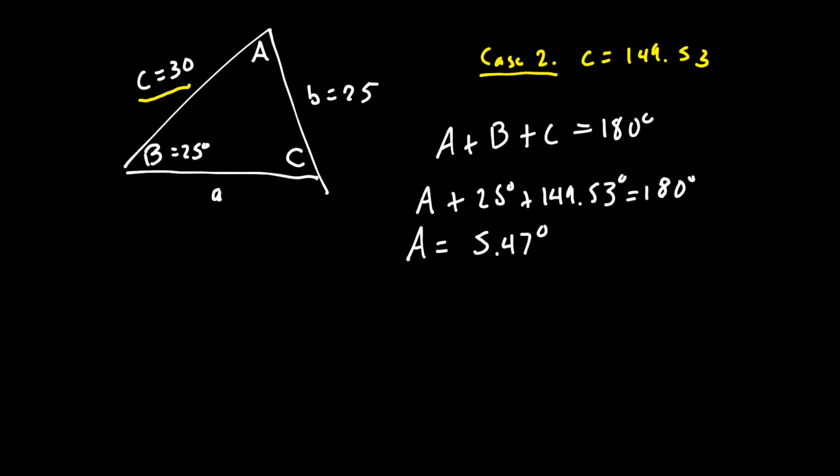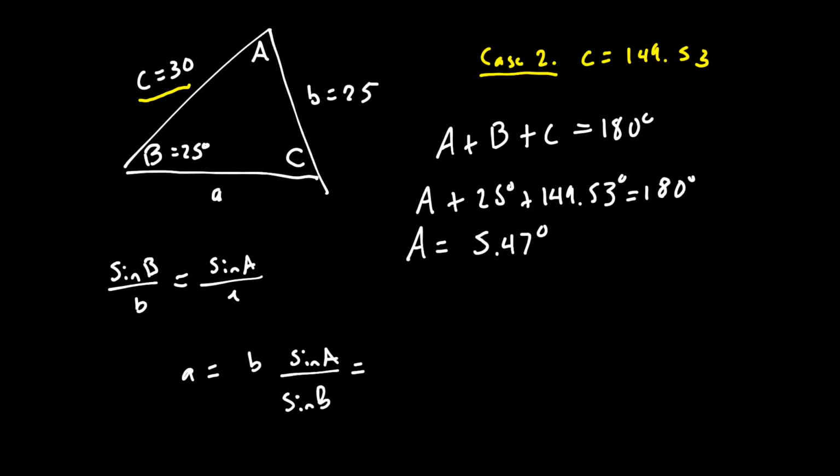Again, since we know b and the angle B, we'll set this equal to sine of A divided by a. Solving this for a real fast, we get a is equal to b times sine of A divided by sine of B. Again, b in this case is 25.